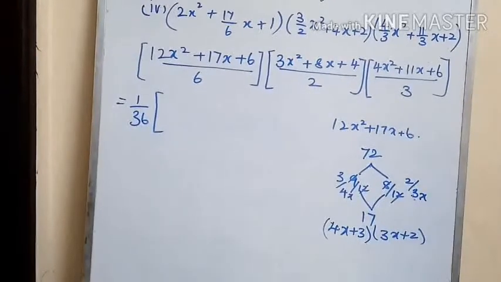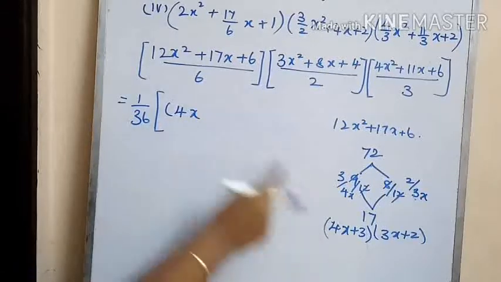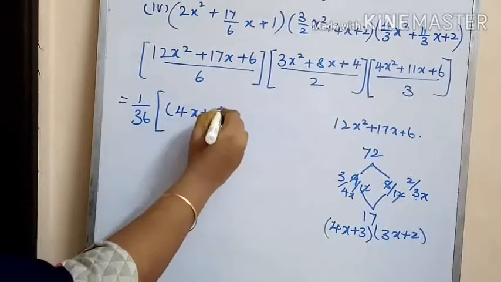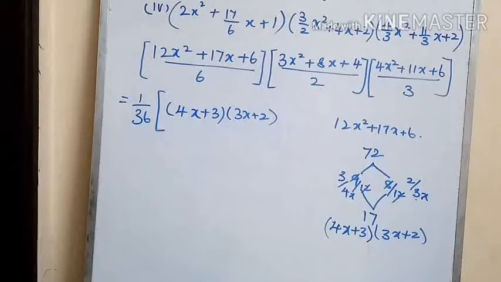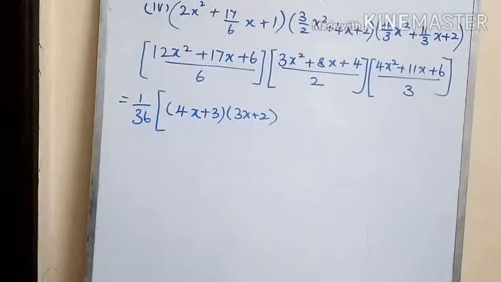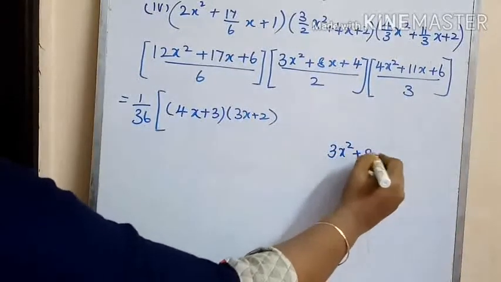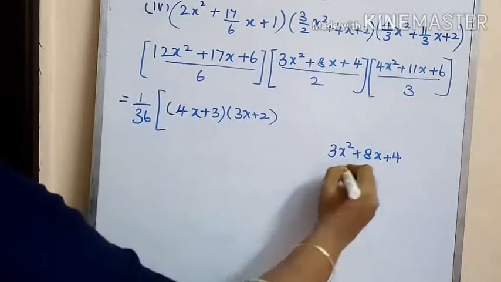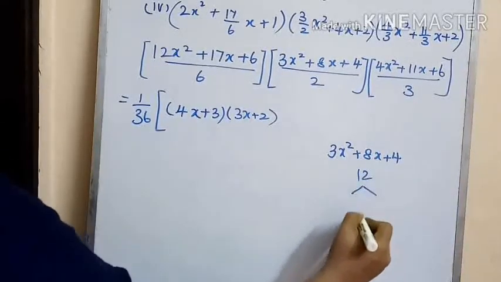Hope you understand this part. So let us substitute it here. 4x plus 3 into 3x plus 2. Now let us factorize the second polynomial we have here. 3x squared plus 8x plus 4. The product is 12 and sum is 8.